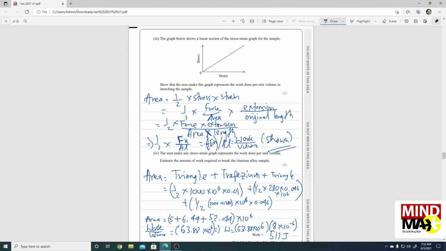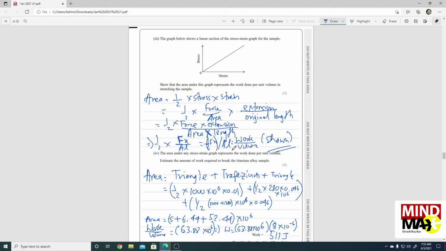Half Fx is actually the work done. Whenever we take force versus extension graphs, half Fx is the area under the graph. So half Fx is the elastic potential energy, right? So half Fx is the work done, and divided by AL. AL is cross-sectional area into length, which is volume.